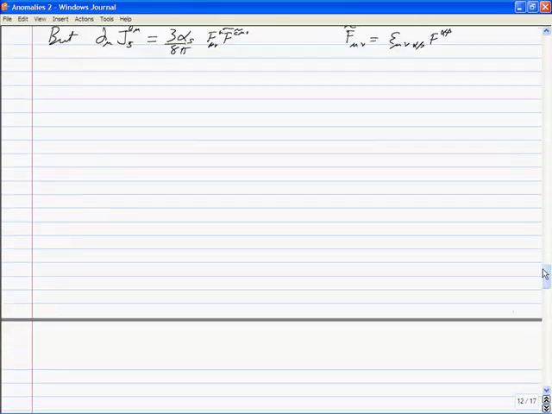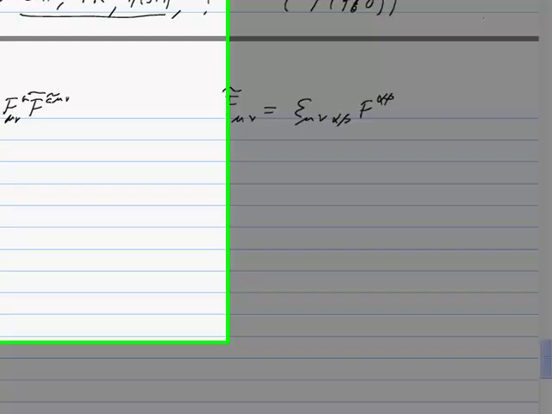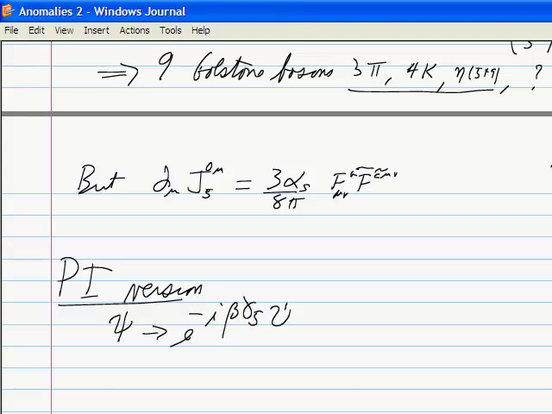Okay, so some quick comments about this. The path integral version: in the path integral version, we take the axial U1 symmetry, psi goes to e to the minus I beta gamma 5 psi. That's the symmetry that would generate this.